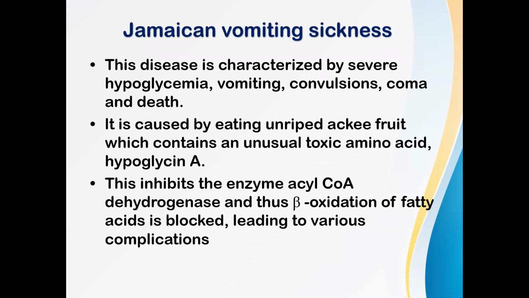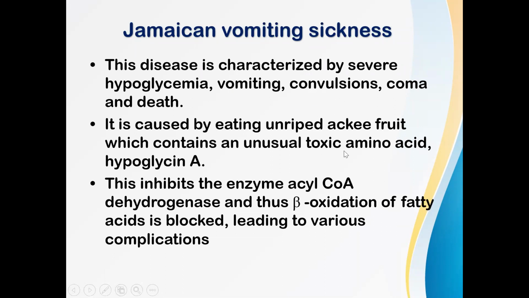Another such related disease is Jamaican vomiting sickness. It is characterized by symptoms like hypoglycemia, vomiting, convulsions, coma, and death. It is caused mainly by eating an unripe ackee fruit.